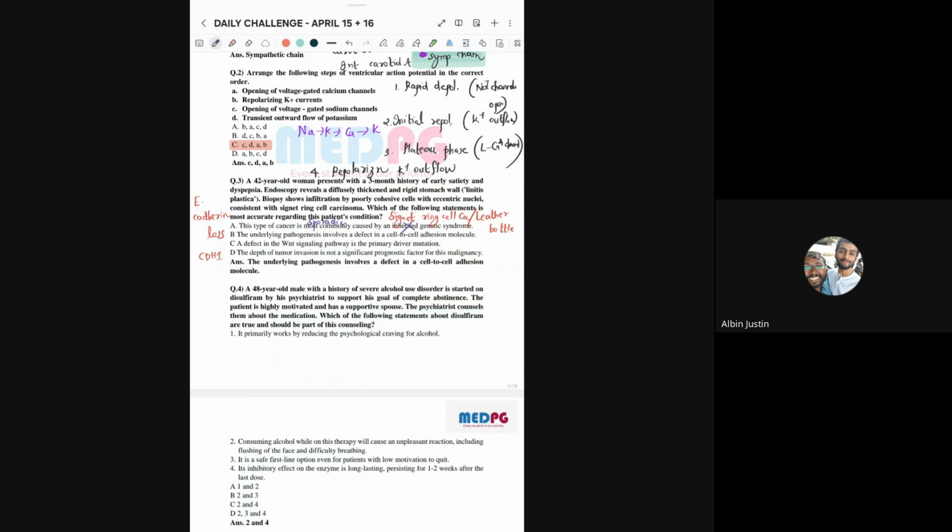A WNT pathway defect is seen in the intestinal type of gastric cancer. Then they say depth of tumor invasion is not a significant prognostic factor. It is the most important in TNM. Okay. So the answer will be this one.